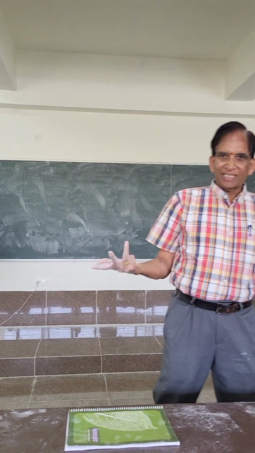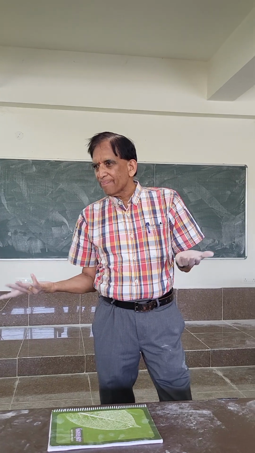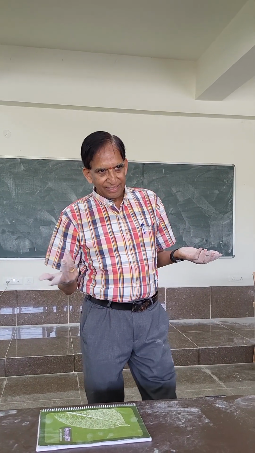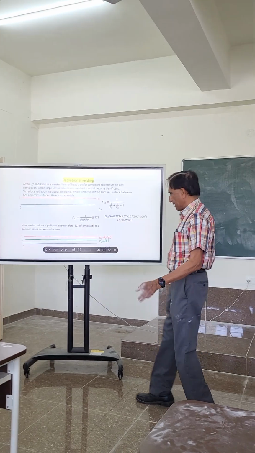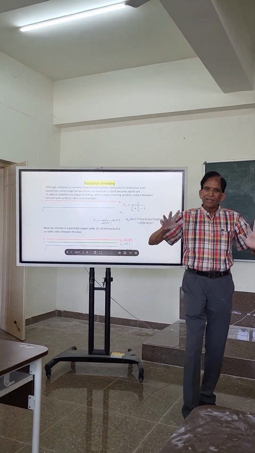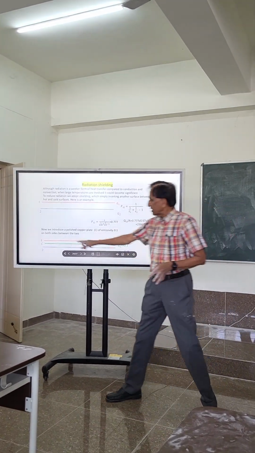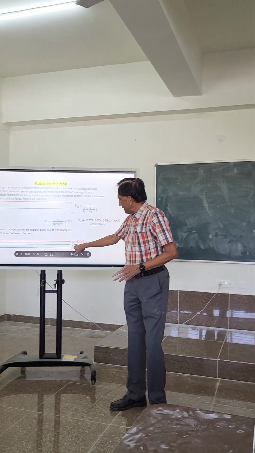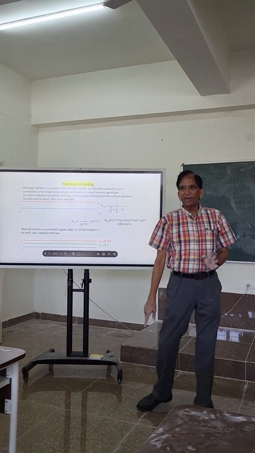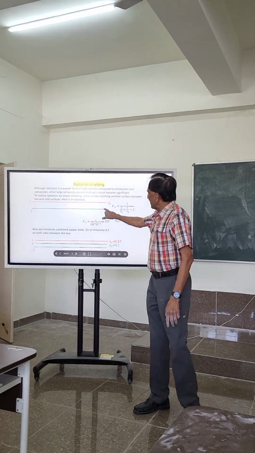Stainless steel is very heavy, polishing it is more difficult, and it's more expensive. Here I am giving copper as an example because I wanted to use subscript C, not A. So it is 0.85 and 0.9, same as what we had before.